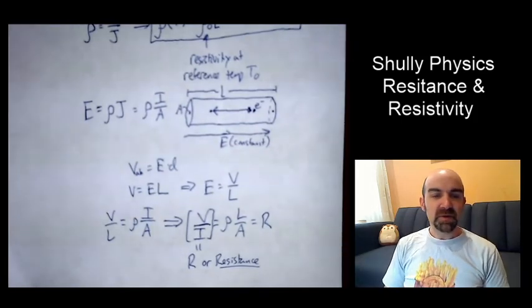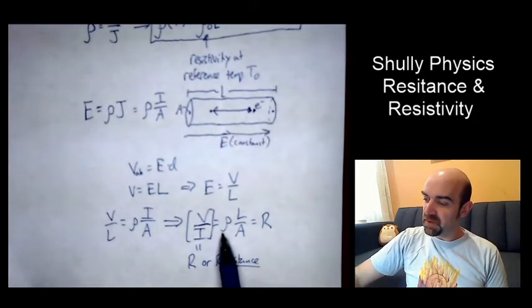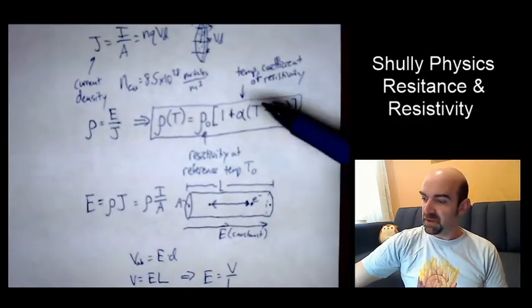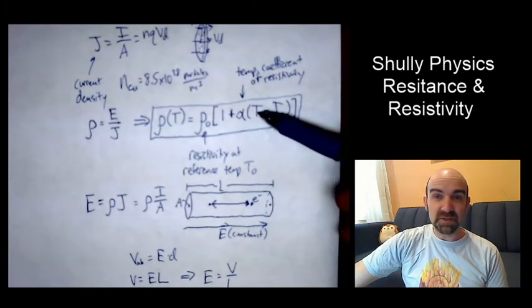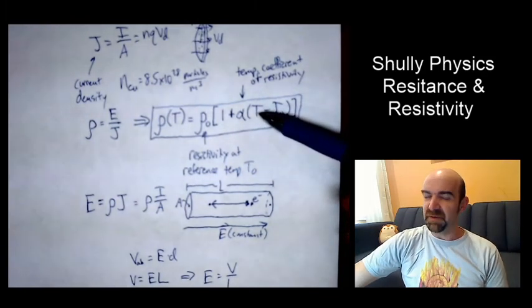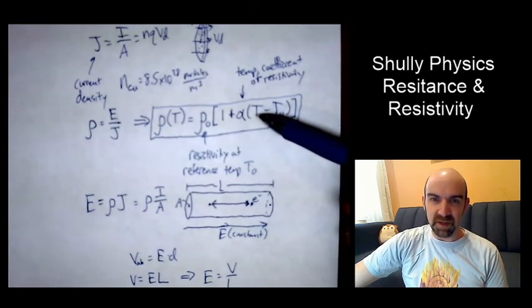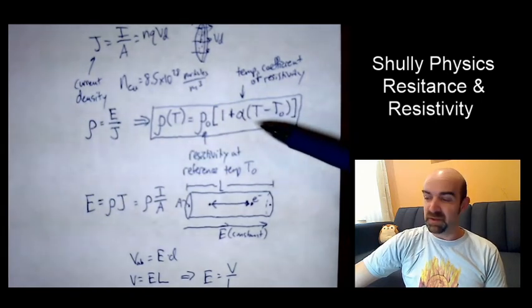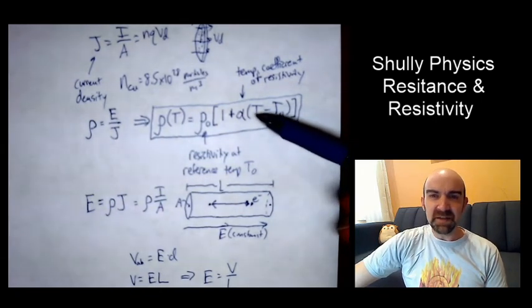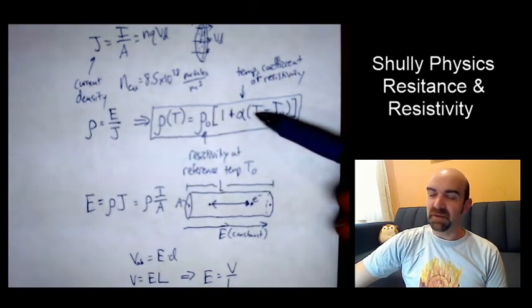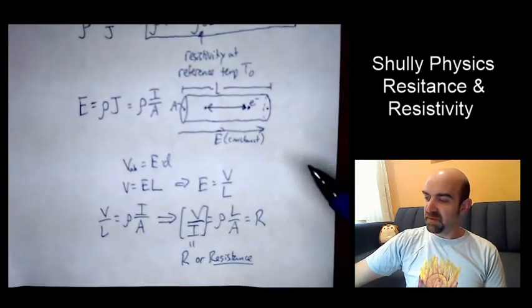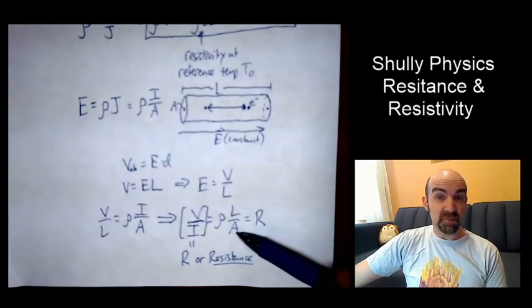So if resistance is proportional to rho and L divided by A, if we do change the temperature of the wire, that's not going to change the length or the area significantly. Now we might have some thermal expansion, so yes, A may increase a little bit, L may increase just a tiny little bit. Usually they're not very visually apparent, so there may be a tiny effect on the cross-sectional area and the length of the wire, but the greater impact is going to be on the resistivity. So if we increase the temperature, the length and the area remain approximately the same.